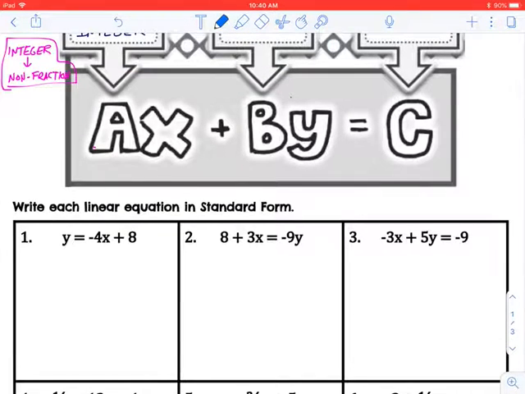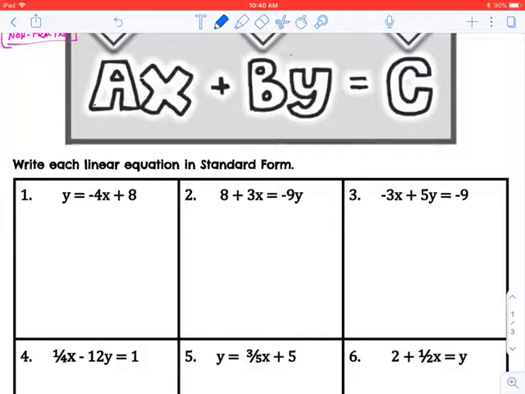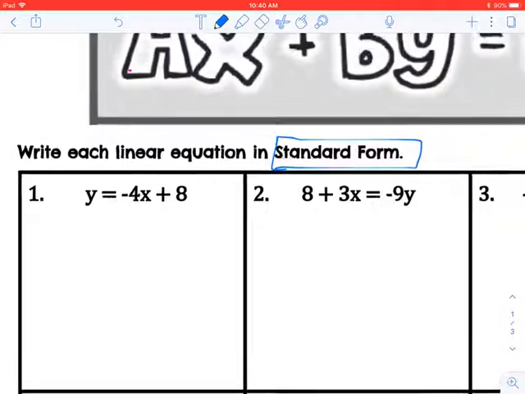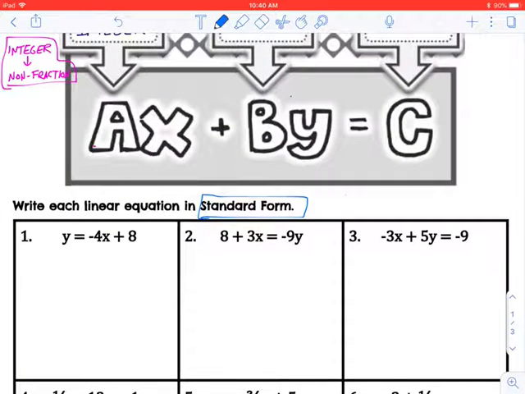It says, write each linear equation in standard form. So basically what you want is to get the x and y on the left side of the equal sign, constant on the right.